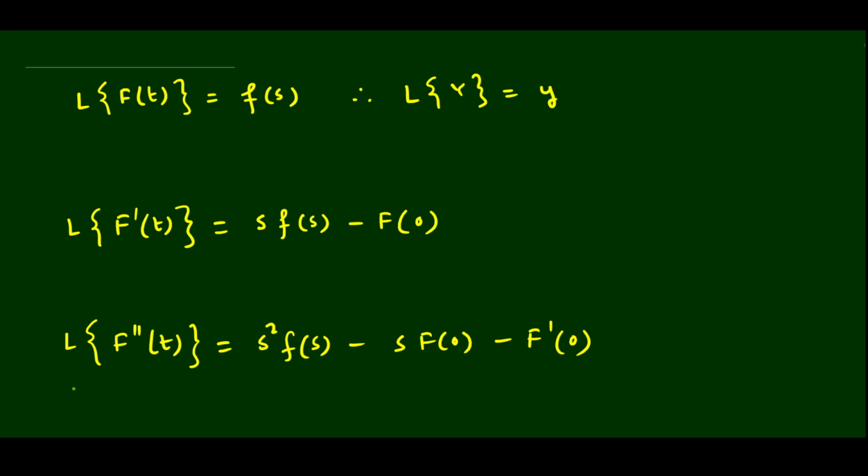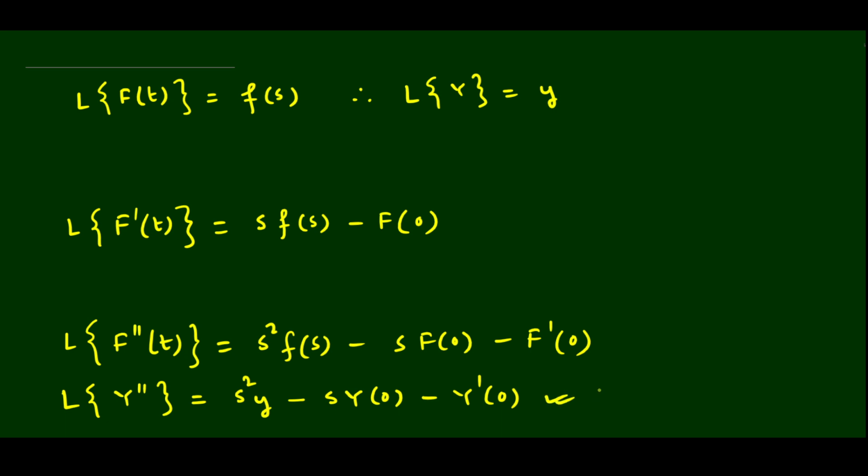Similarly, the third formula is L of f double dash of t. Here we have not taken f double dash, we have taken Y double dash. So it will be s square y minus s into y of 0, and the last one will be y dash of 0. Okay, we have changed the symbol capital F to capital Y.